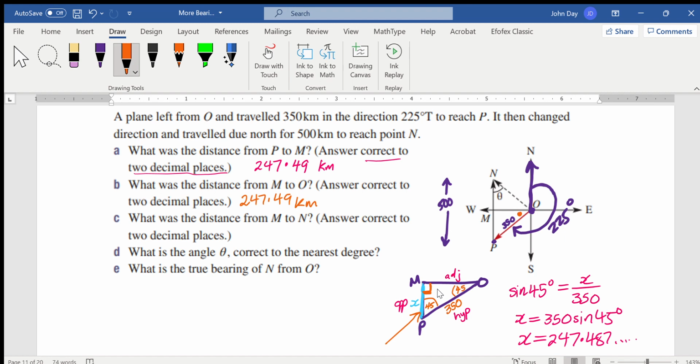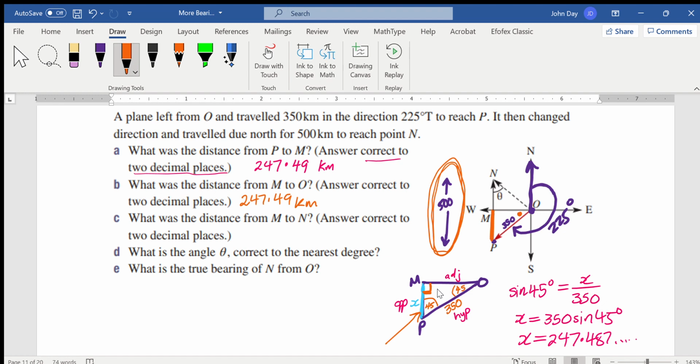Then they want to know the distance MN. And see what I'm circling here? We worked out before that that whole distance was 500 kilometres. And MP is just a part of that distance. MP is 247 or so. So how are we going to find out the rest of the distance? That's right, we need to subtract it away from 500.